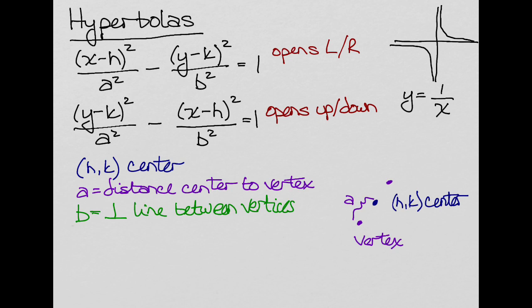So I'm going to go b, and b might be more than a, might be less than a. Who knows? It just depends on the hyperbola. So the distance there is b. We don't have standard names for these points. Different books call them different things. We're just going to call them points that are a distance of b away from the center.